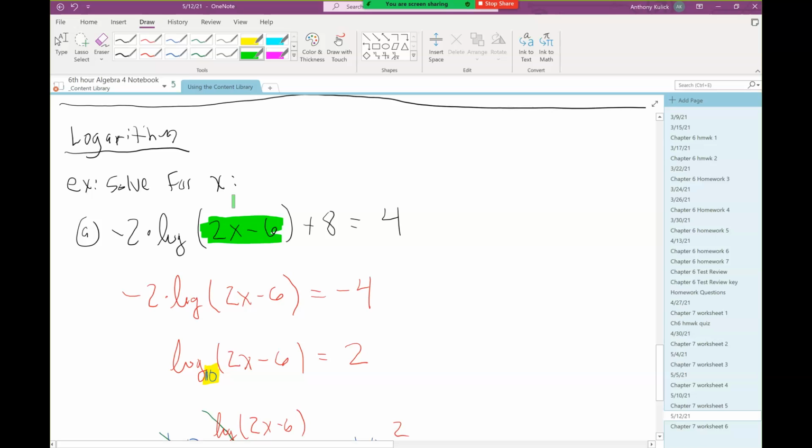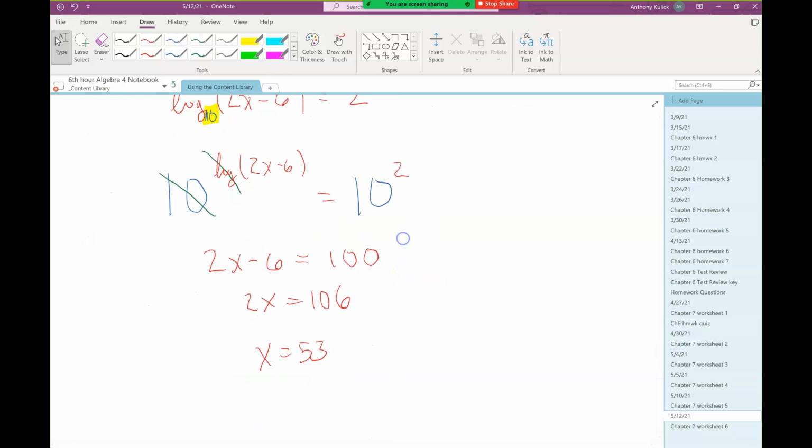So we just have to make sure that 2 times 53 minus 6 is positive. It definitely is. So that answer is fine. We just can't have 0 inside a logarithm, and we can't have a negative inside of a logarithm. So that's all I need to do on my check, is just to make sure that I'm not getting either 0 or a negative inside any of my logarithms. But that one was fine.